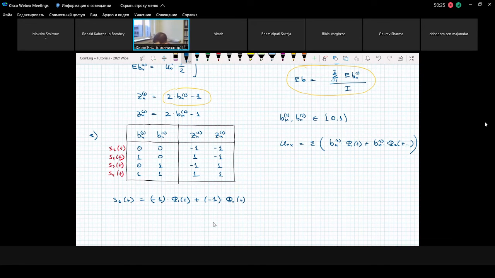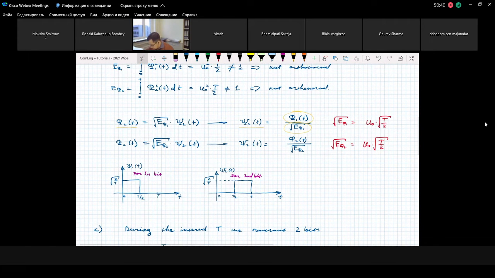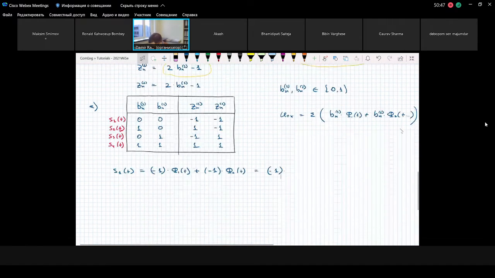This is in terms of pulse shape functions, but I can also write it in terms of basis functions, and it will be -1 times what? The square root of E_phi1, under the square root, it will be E0 T over 2, E0 T over 2.